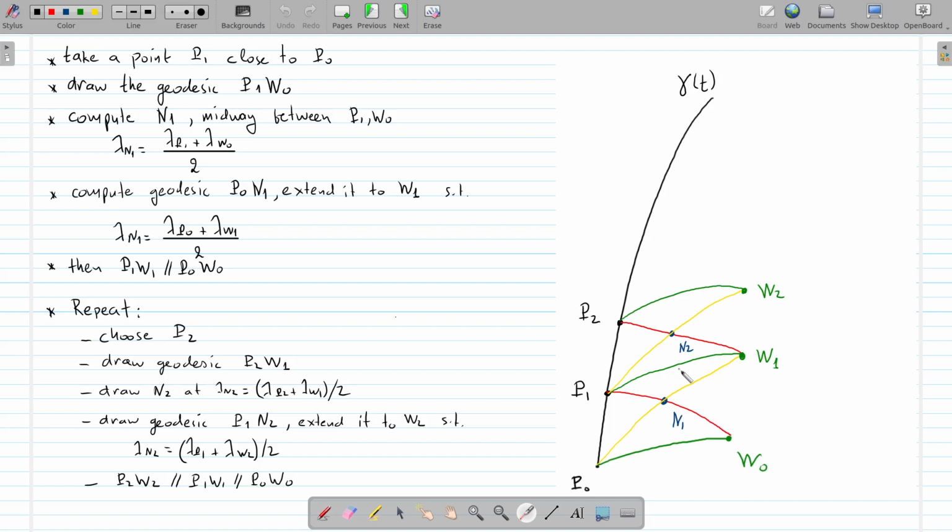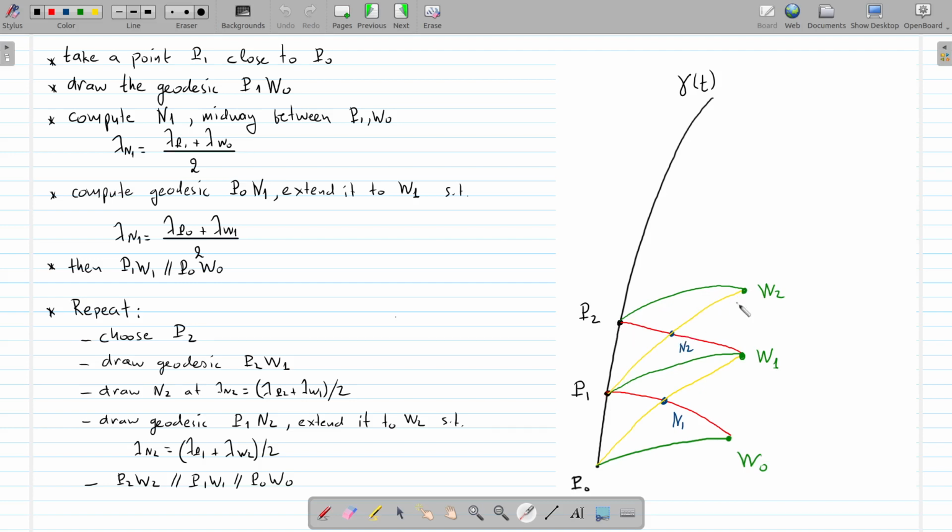Next, repeat this construction. Choose a point P2 close to P1, draw the geodesic connecting P2 and W1, find the midpoint N2, draw the geodesic from P1 through N2 and extend it to W2 so that N2 is midway between P1 and W2.